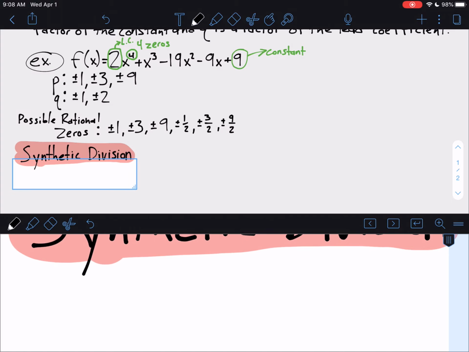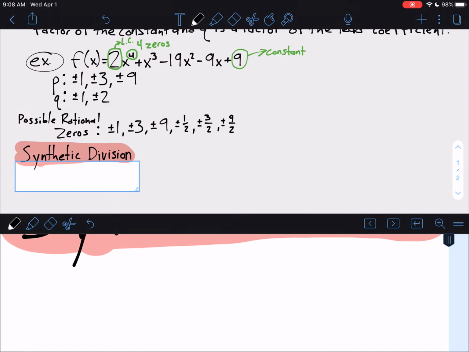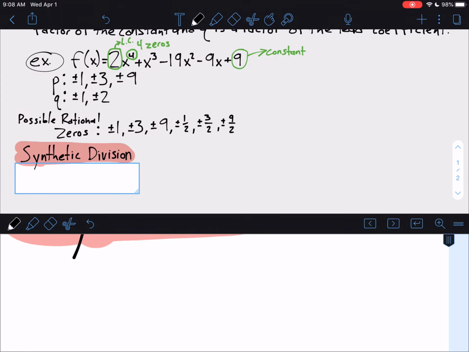And the first thing with synthetic division, if I go back up to my list of possible rational zeros, looking at that, oh, I'm going to rewrite my polynomial first.